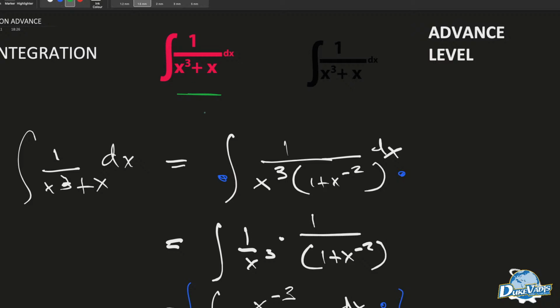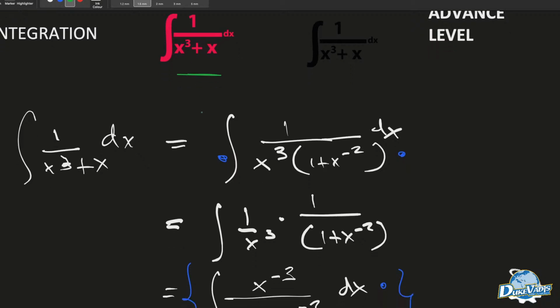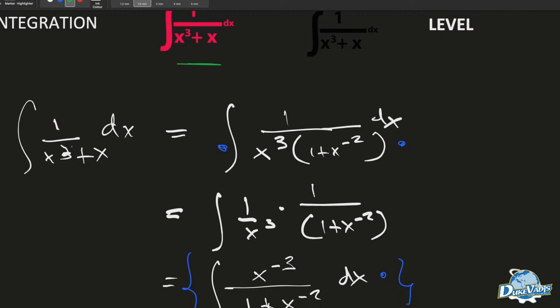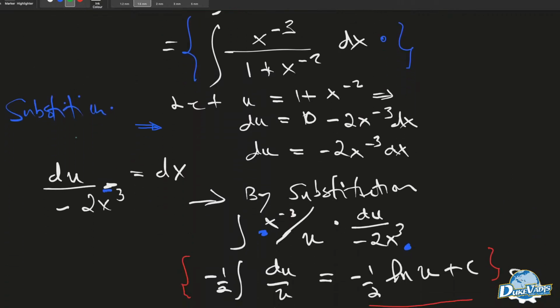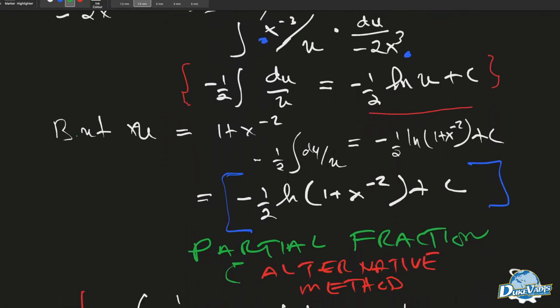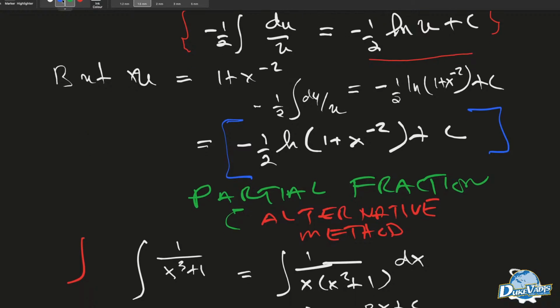When we went through all the processes, the first approach gave us a final answer of negative half natural log of (1 plus x raised to the power negative 2), plus c. So that was the answer for the first methodology or approach.